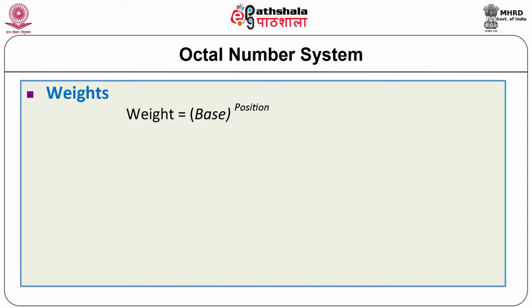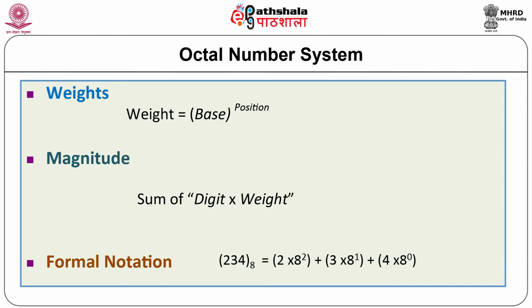The weights are based on powers of 8. The magnitude of the number is given by the sum of bit into weight. Let us consider the example of 234. 234 in octal can be represented as 2 into 8 raised to 2 plus 3 into 8 raised to 1 plus 4 into 8 raised to 0.